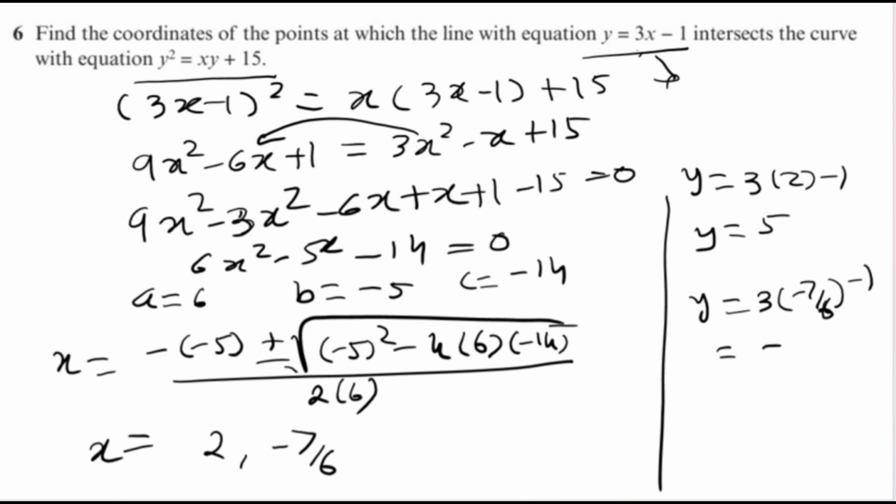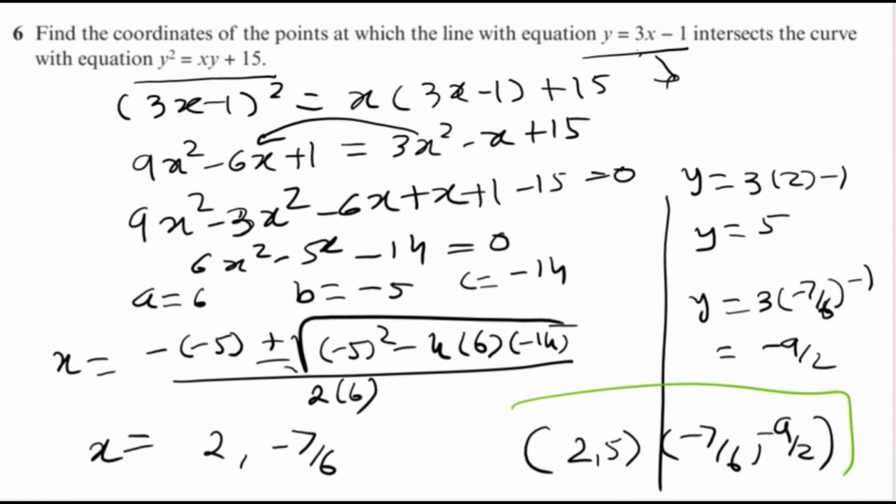That will give us -9 over 2. So we are getting two coordinates here. One is 2, 5 and another is -7 over 6 and -9 over 2. You have to write the answer in the form of these two coordinates because they are asking you to find the coordinates of the points. So we are getting 2 points here.